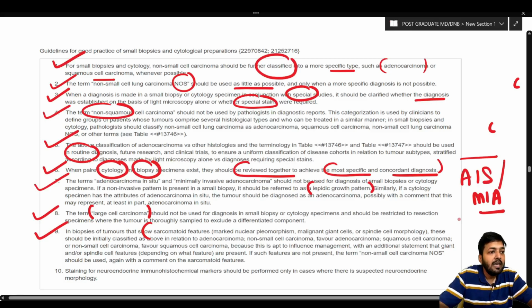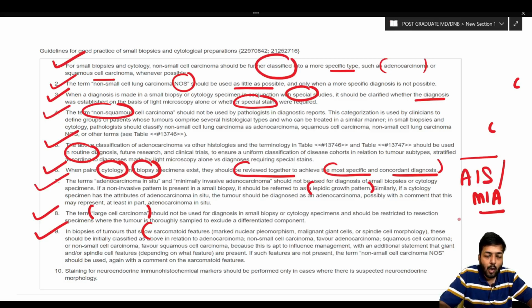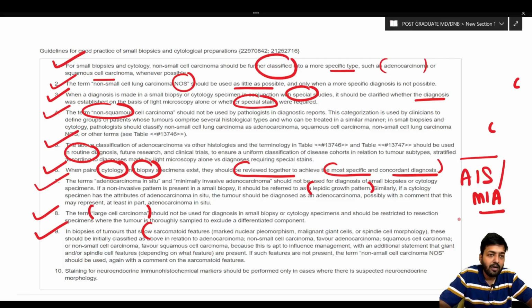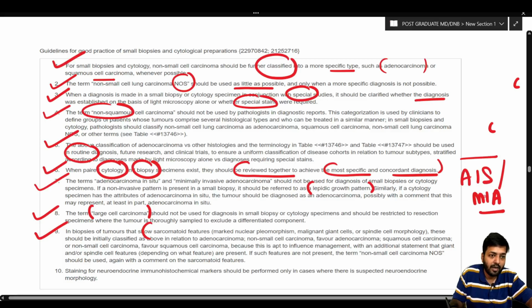Whatever terminology you are using, you should use, but along with that, you should give a comment that sarcomatoid features are also present. This is how you should report. But the term sarcomatoid carcinoma cannot be used as a diagnosis in a biopsy. This is very, very important. It has to be confirmed in a resection specimen.